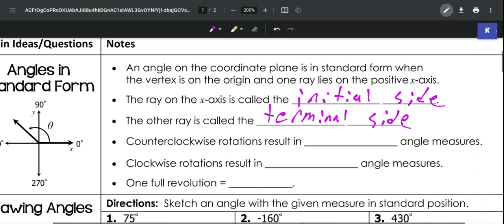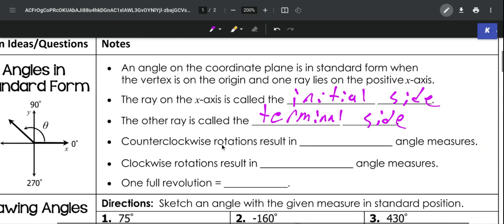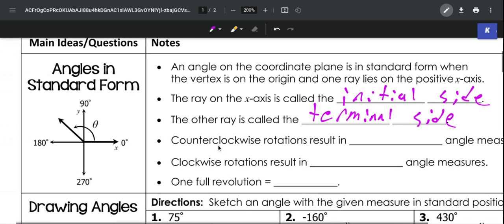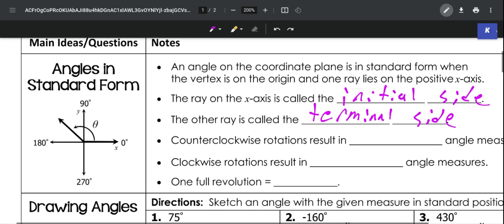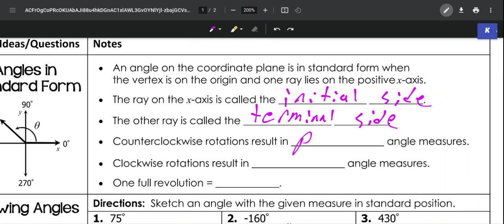All right, so if it opens up or rotates, it says rotation here. If it's counterclockwise, a clock moves in this direction, so counterclockwise would be moving in that direction, similar to what you can see here. Those degrees or radians are going to be positive. So if it moves in a counterclockwise direction, we're going to have a positive angle measure.